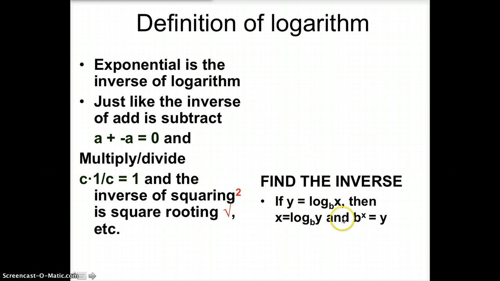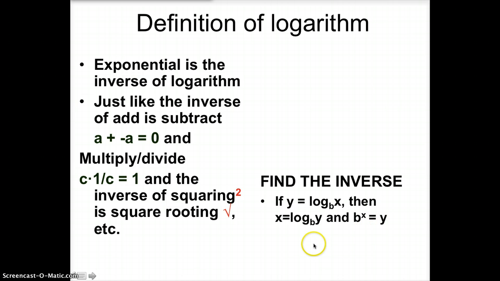Now, inverse will follow more later as we discuss this, but b, the base, and the y are switched when you do the inverse. So I'm switching x and y here. You'll notice that. And then when I place it in exponential form, I get b to the x equals y.